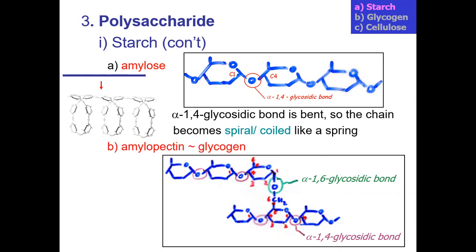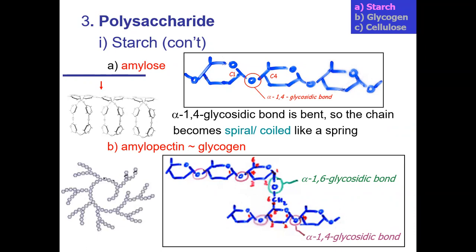Now, the structure of amylopectin is similar to glycogen because both of them have a main chain and branch chains. What you can see is that on top here is the branch chain joining to the main chain using an alpha 1,6 glycosidic bond, whereas the residues in the main chain are joined by alpha 1,4 glycosidic bond.